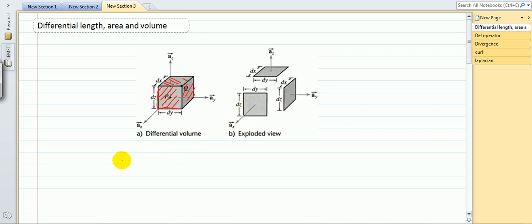So if I write the differential surface vector dS, it will be dx dy az cap for this surface, dy dz ax cap for this one, and dx dz ay cap for the other.